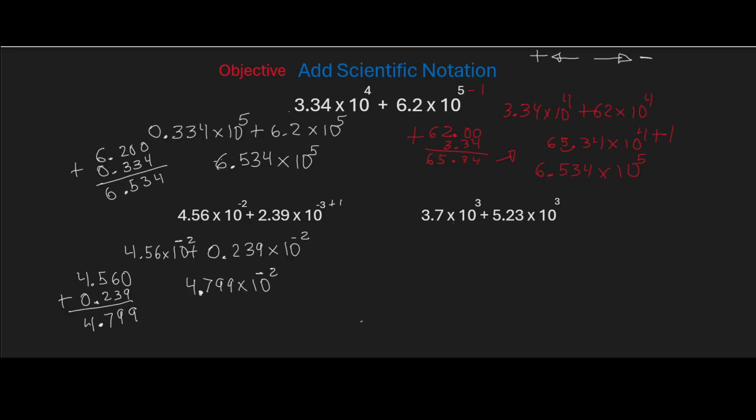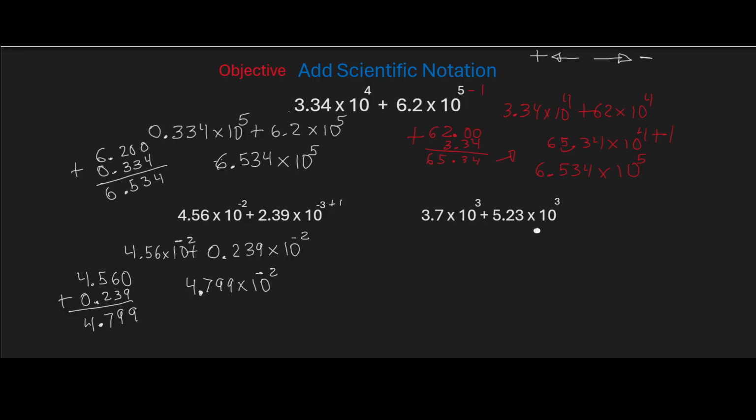Okay, now next, what I'm going to do is the last one. And for this one, can you see that we already have the same exponent, right? So 10 to the 3rd power, and this one is also 10 to the 3rd power.